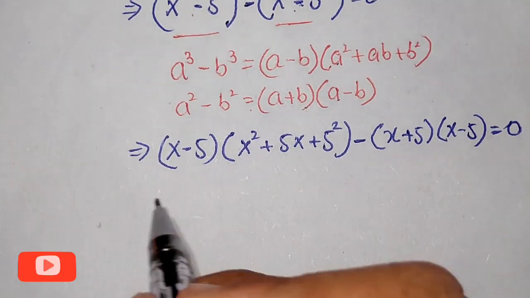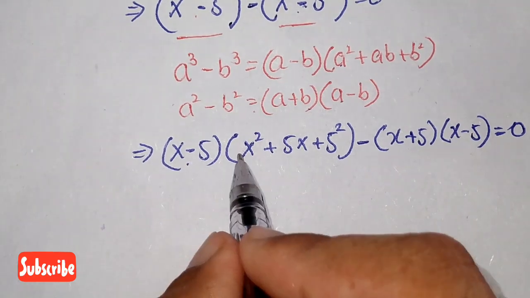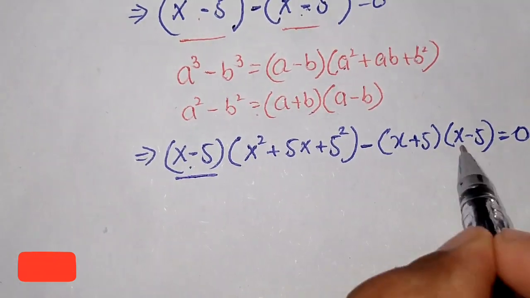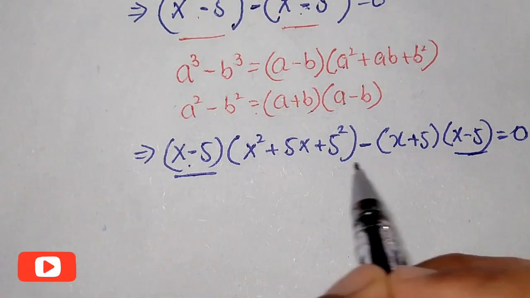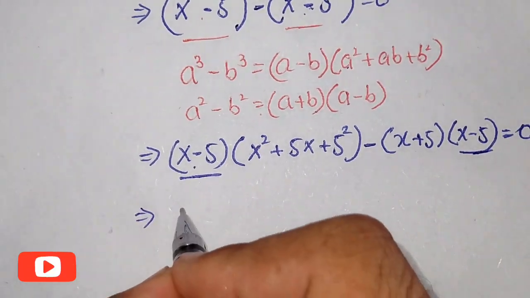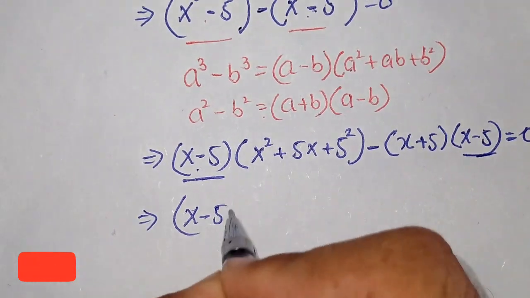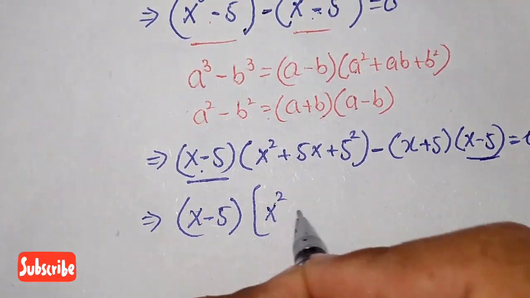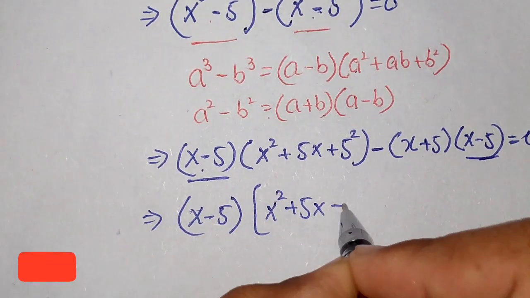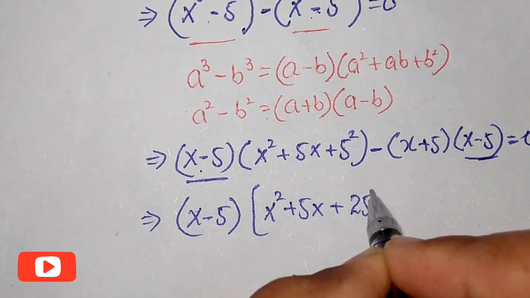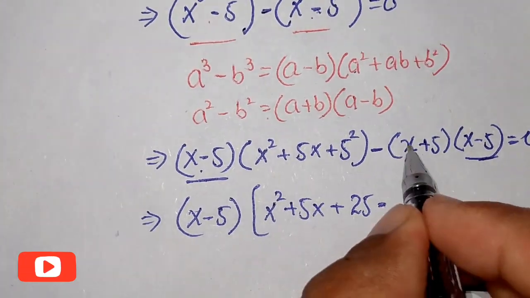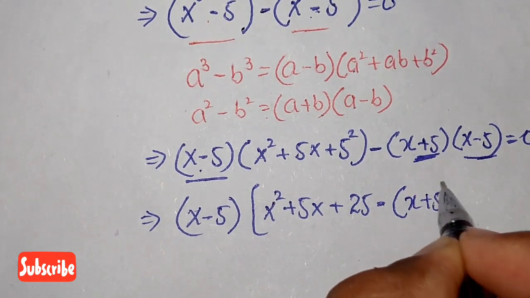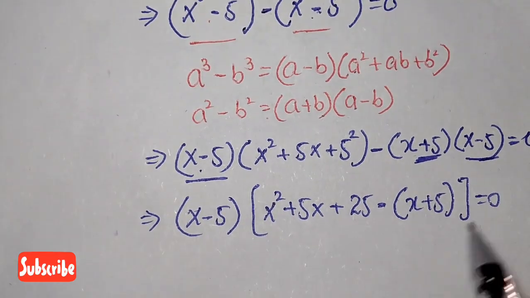Now here, x minus 5 times x square plus 5x plus 25, and x minus 5 and x minus 5 are common, so we have to take common x minus 5. What is left is x square plus 5x plus 5 square, which is 25, minus what is left, x plus 5, and this is equal to 0.